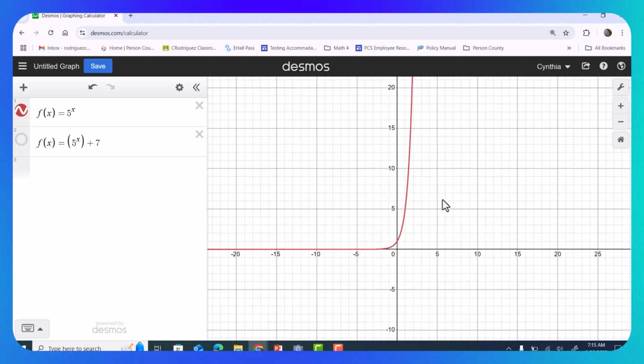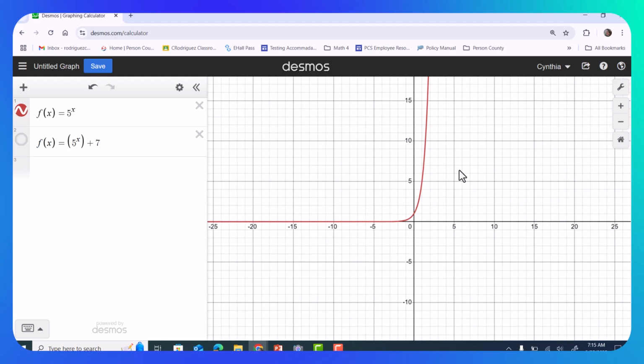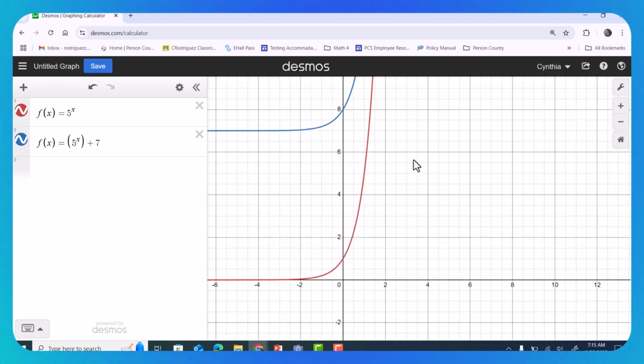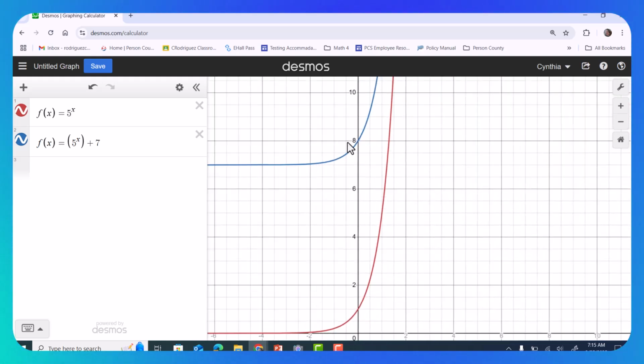I don't have that turned on. Let me turn it on. Okay, that's going to move it up 7 units. So it's actually going to cross, because it started at 0, 1. Add 7 to 1. It's going to go up to 8.